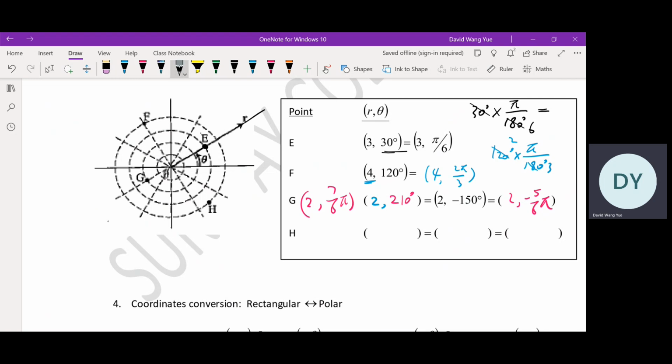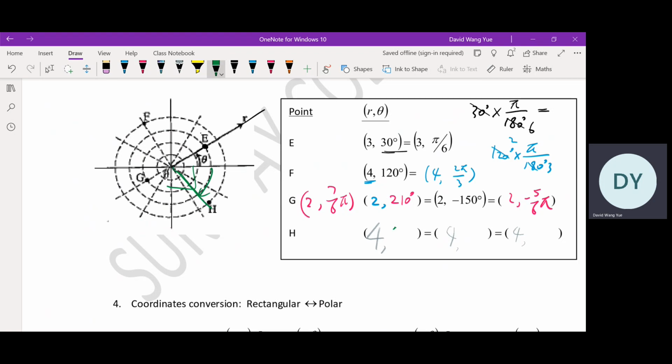Now come to the H. 1, 2, 3, 4. The radius is 4. And then for the H, you see this angle, this line is equally divided at 90 degrees. So it must be 45 degrees, right?